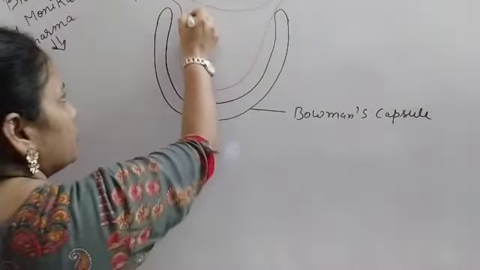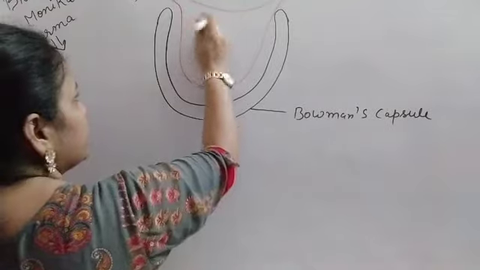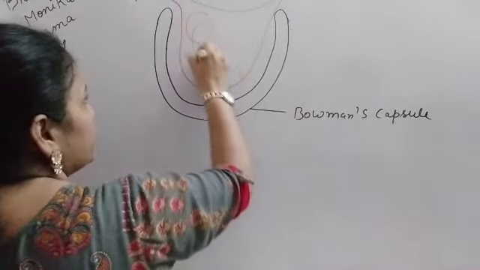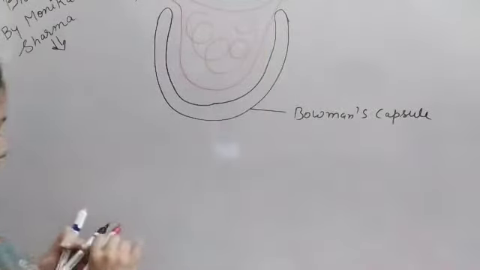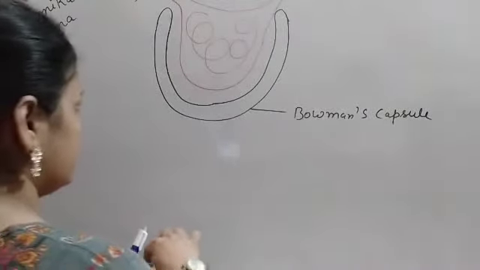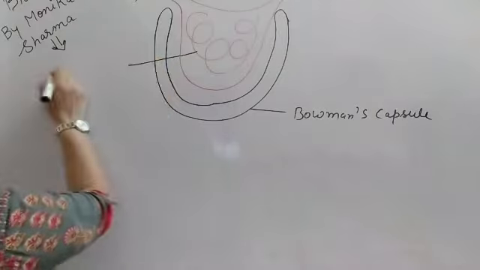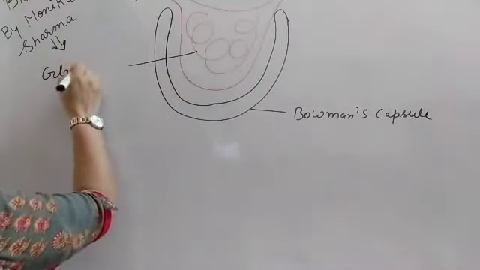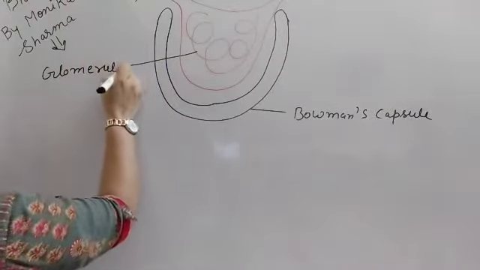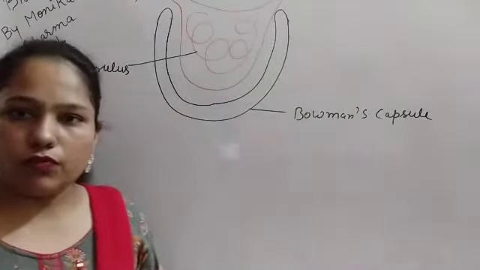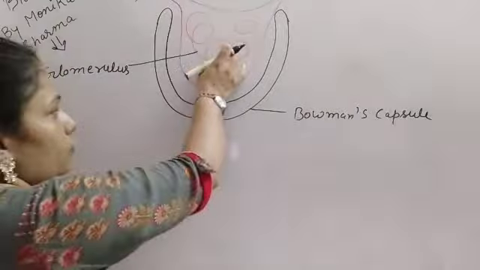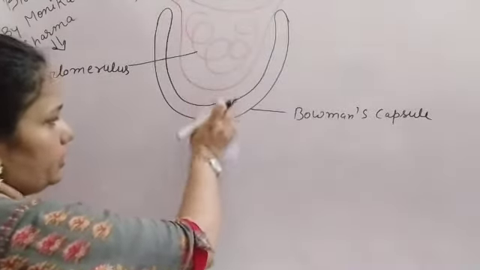Here the tuft of blood capillaries is present inside this structure, and this tuft of capillaries is the glomerulus. The filtration of blood takes place through this glomerulus and the Bowman capsule.